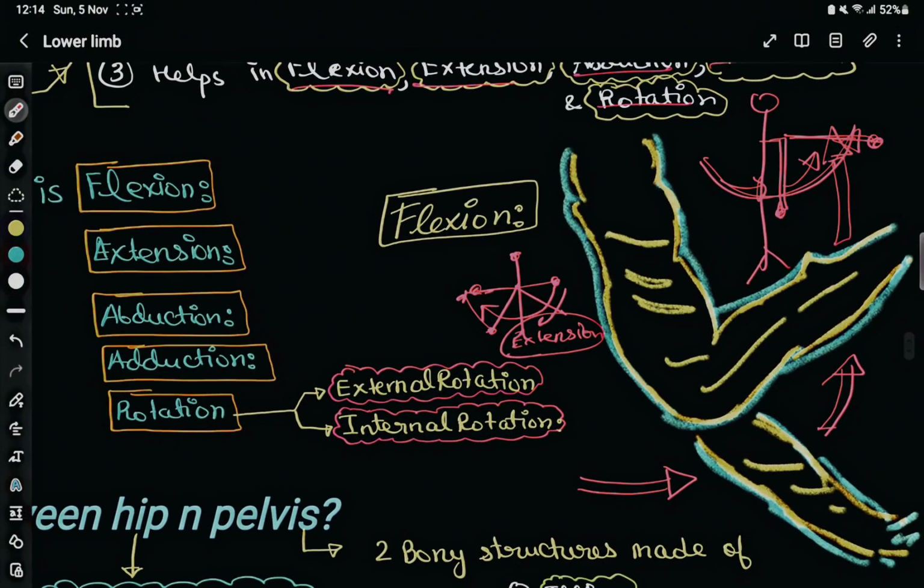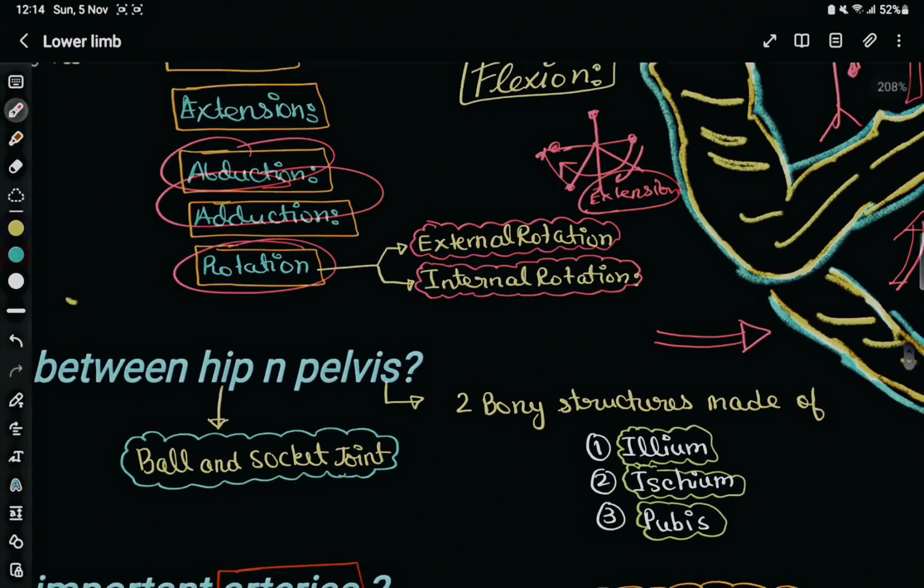I have even drawn a structure at the bottom where I will show you the extension and flexion of the lower limb, which is the leg. You can also see rotation, there are two types: external rotation and internal rotation. We'll talk about abduction and adduction later.